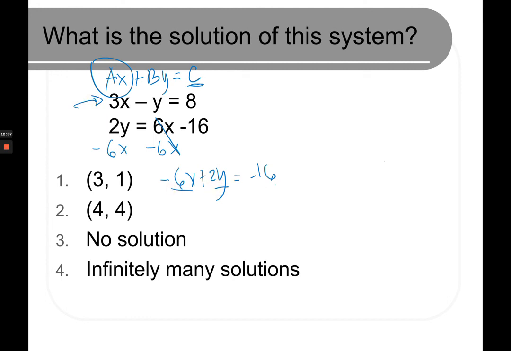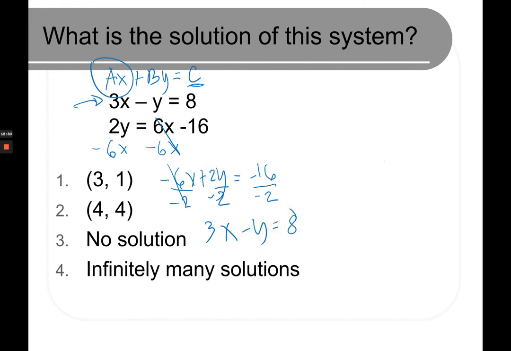We can actually divide entirely each term by -2. We cannot divide by 3 because 2 cannot be divided by 3. After dividing, this becomes +3x, -y, and then this is equal to +8.